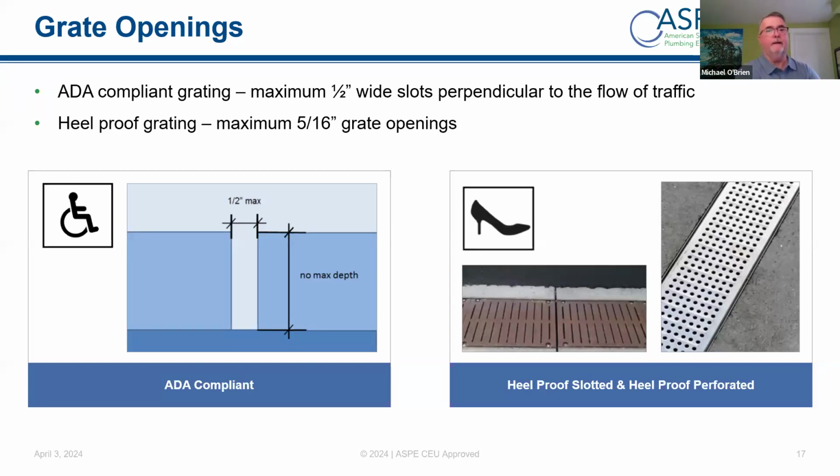So on the left where we see that 1/2 inch max, as long as that is running perpendicular to the direction of travel, that would be fine. If it was running the other way, in the direction of travel, then things like wheelchair wheels could get stuck in there, and that would not be good.